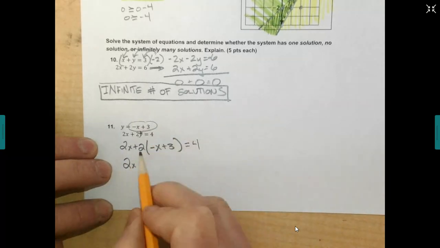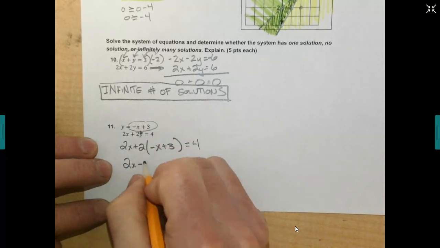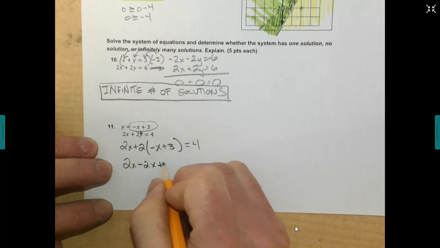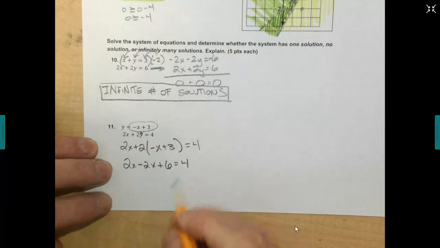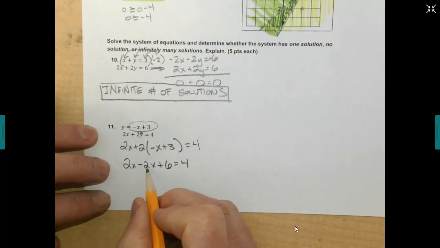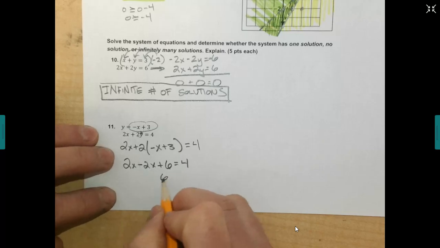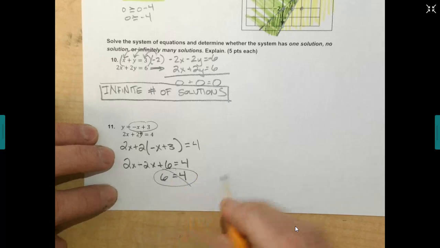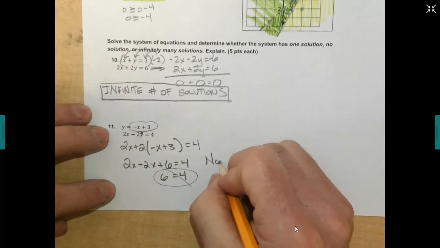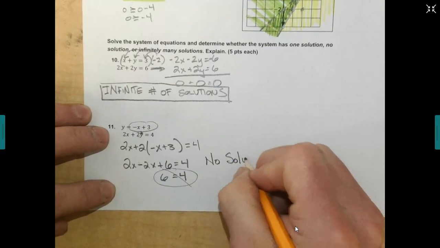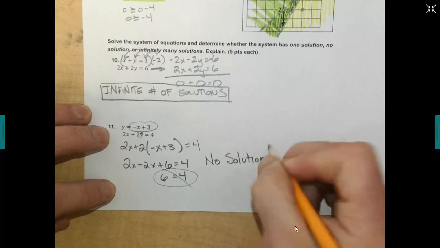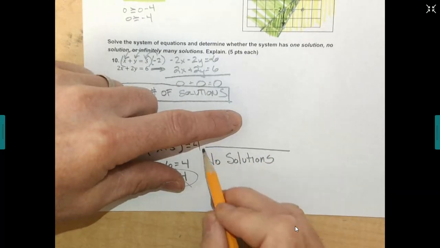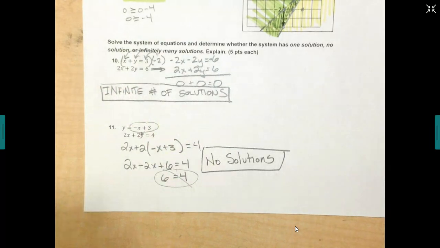So I have a positive 2 and a negative x, so that's minus 2x plus 6. 2x minus 2x, that's 0. So I get 6 equals 4. And no solutions. This has no solutions.